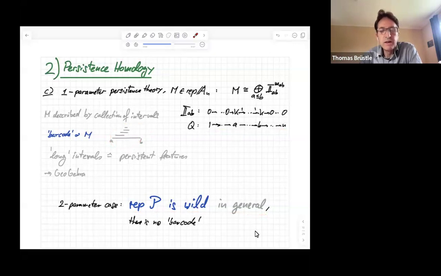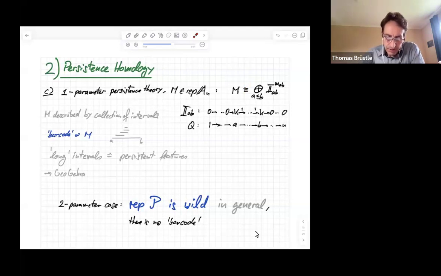We don't really know what the indecomposable modules are. We could still decompose it, but we have no nice description available of all the indecomposables, no visualization. So there's nothing available like this barcode. And we have to find other ways to associate to the given module M some meaningful information that we can store in a vector, and then hopefully give this vector to a computer and let the computer study different data sets.